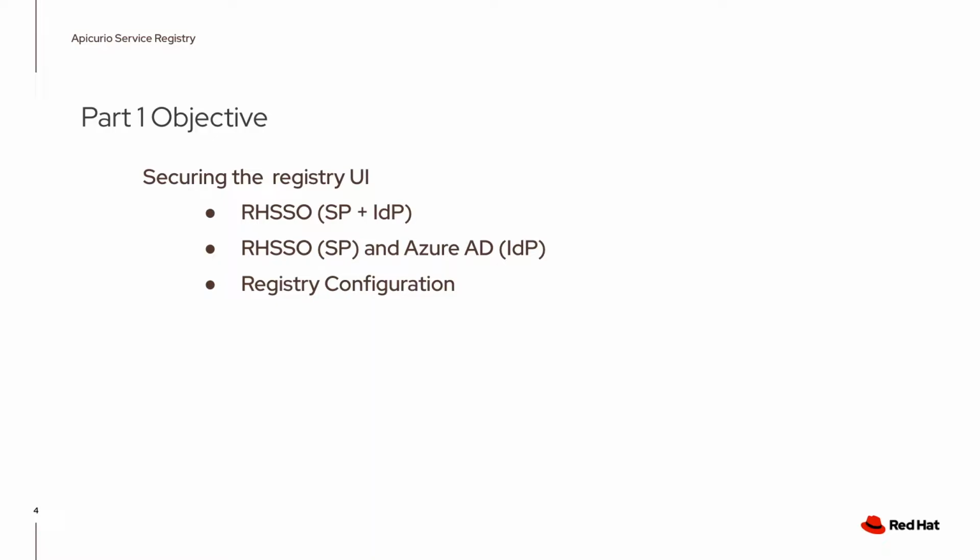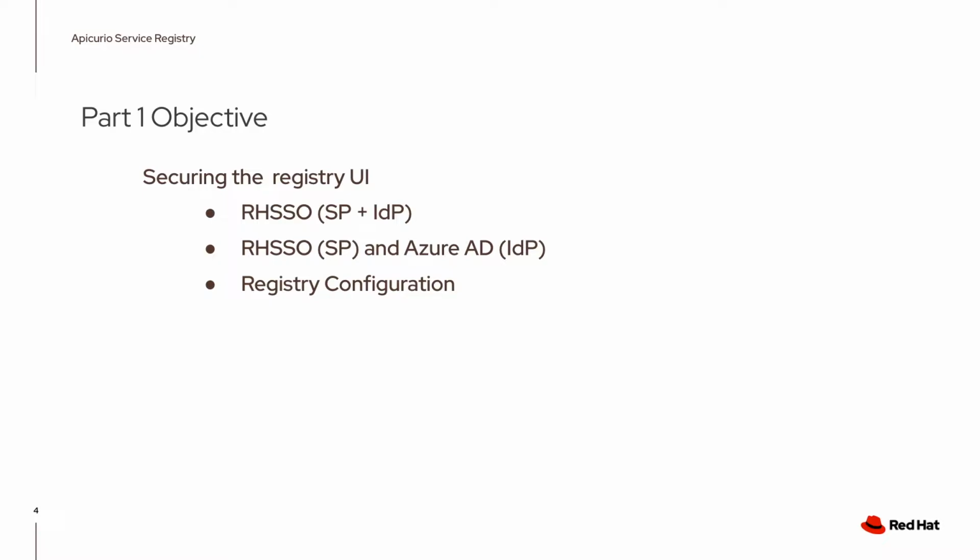That means you can use whatever credentials that you have in SSO to log in and use the user interface. An alternate way to authenticate is by using Azure Active Directory as an identity provider.